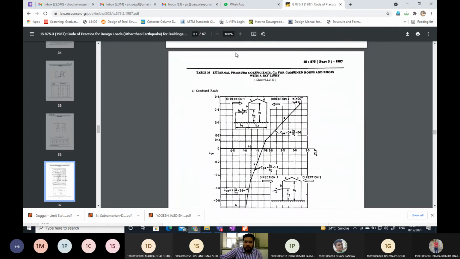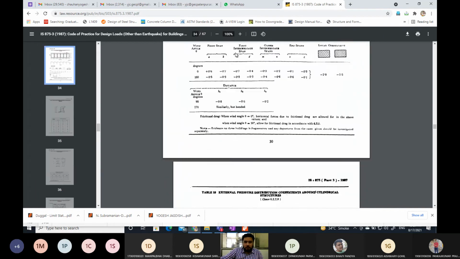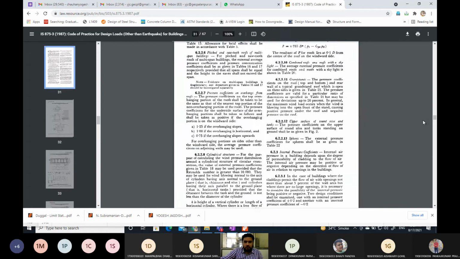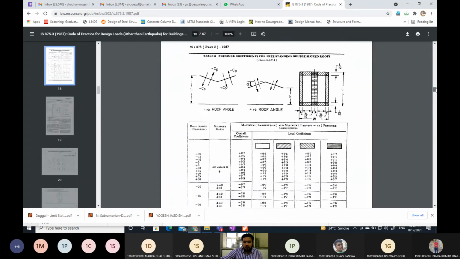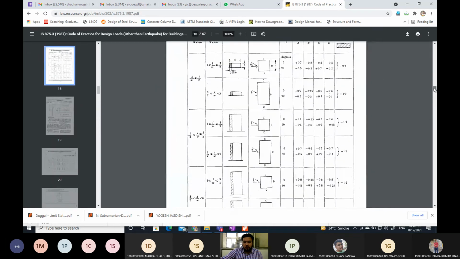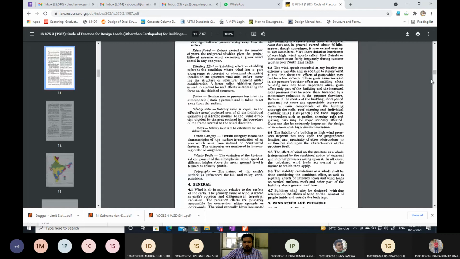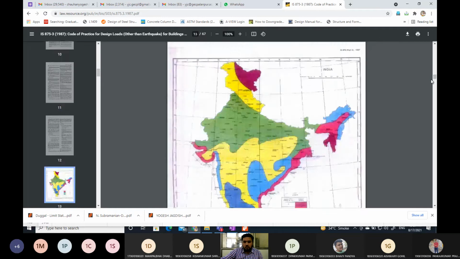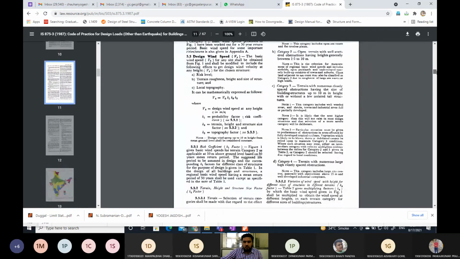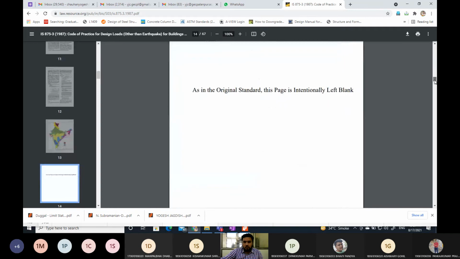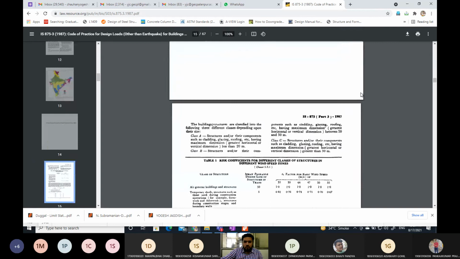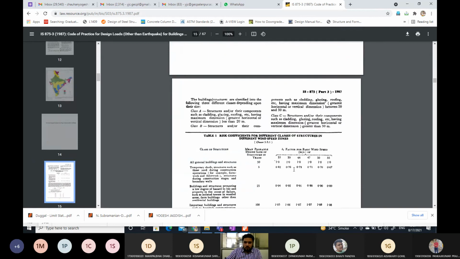See here, the life of the structure is assumed 50 years. So your K1 is 1.